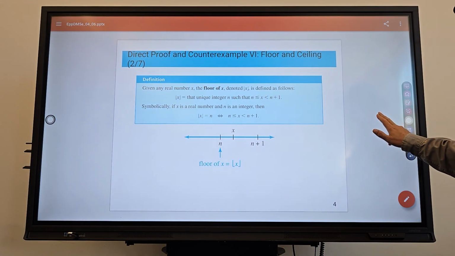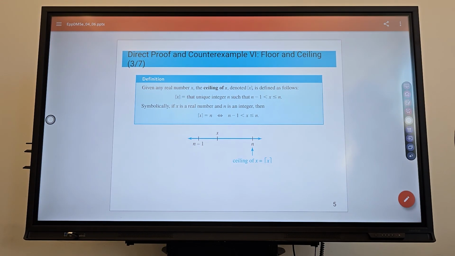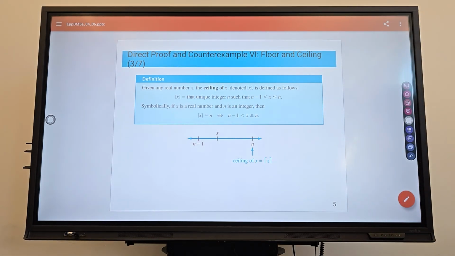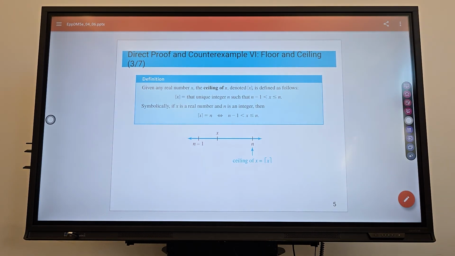Likewise, the ceiling is denoted with that kind of symbol. The ceiling of x is that unique integer n such that n minus 1 is less than x, which is less than or equal to n.